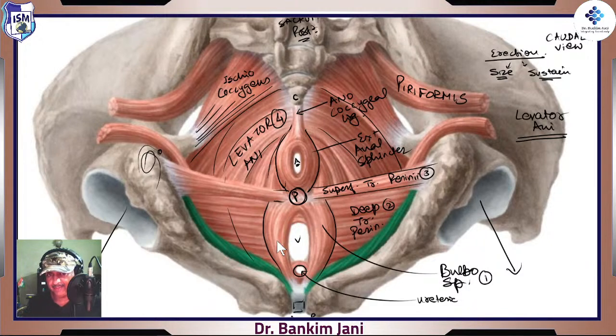And you remember we said that entire floor is formed by levator ani. If you remove the deep transverse perineal and superficial transverse perineal, it would be forming that entire floor. And you'll see this thing tomorrow when we'll be talking about only the pelvis. But just keep in mind that it has got several components.